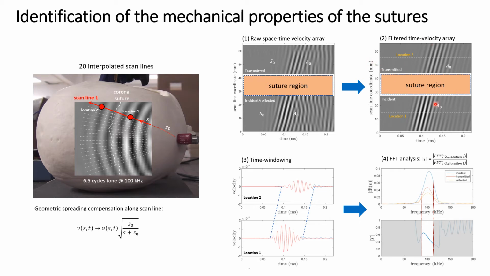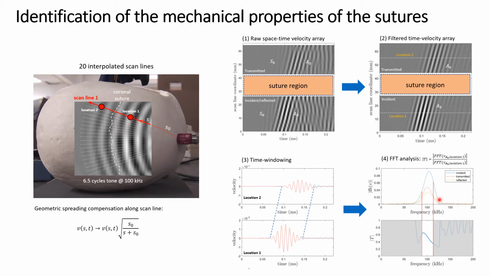For example, as you can see here, for the A0 mode that is being extracted from this raw space-time velocity array. Once we have the filtered arrays for each line, we calculate the frequency spectra of the incident and transmitted wave packets before and after the suture. For example, this blue line here is the fast Fourier transform of the incident A0 wave packet that is measured at the location 1 before the suture.